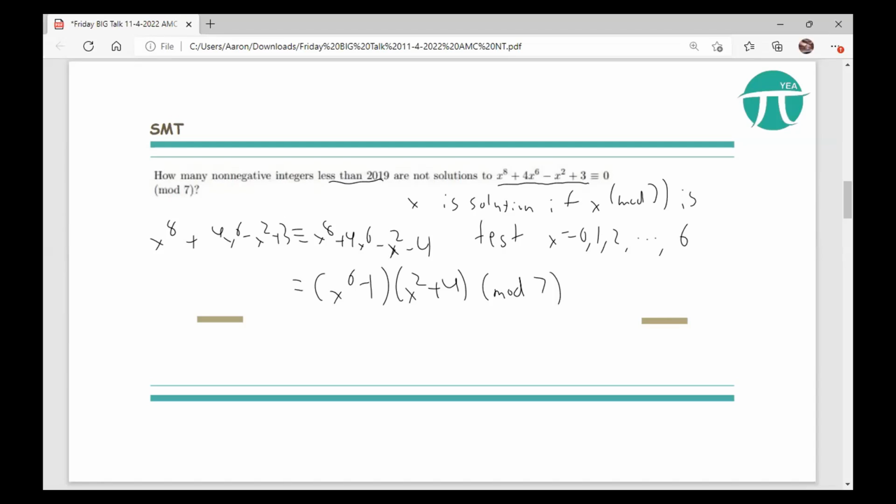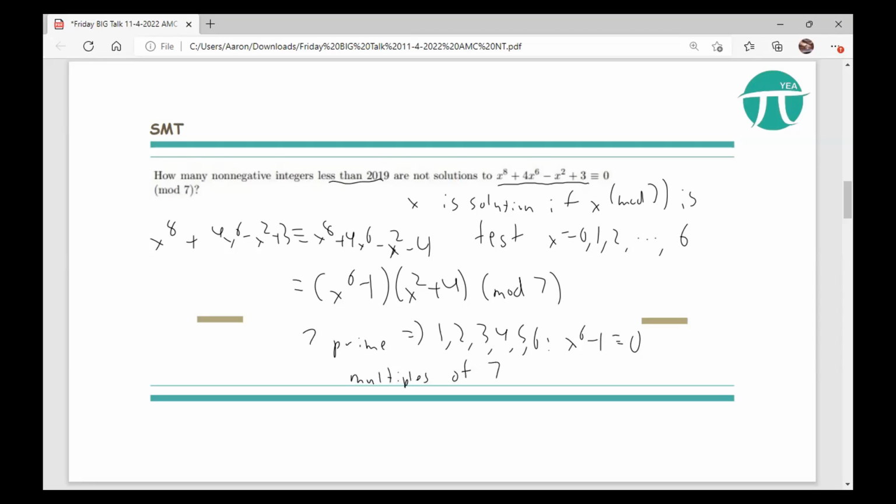And now 7 is prime. 1, 2, 3, 4, 5, and 6 all satisfy the fact that x to the 6 minus 1 is congruent to 0. So the only numbers that are not solutions are multiples of 7.